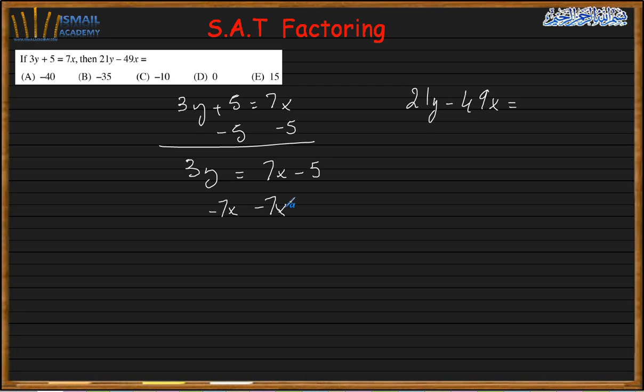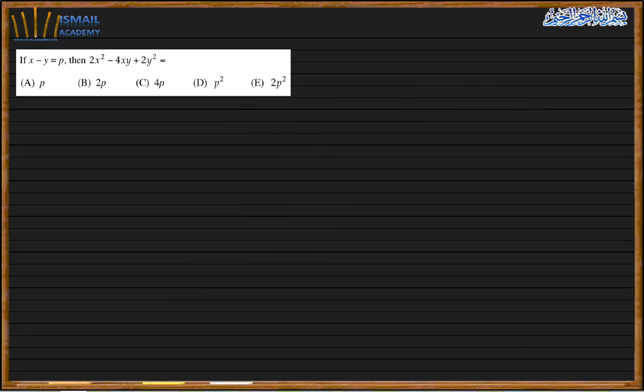Multiply both by 7, then I distribute, so I got 21, so the options.